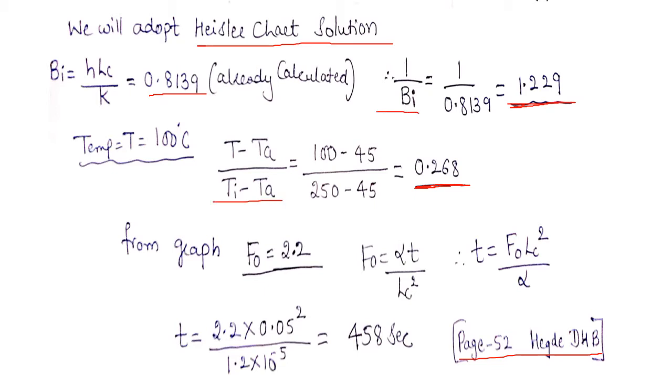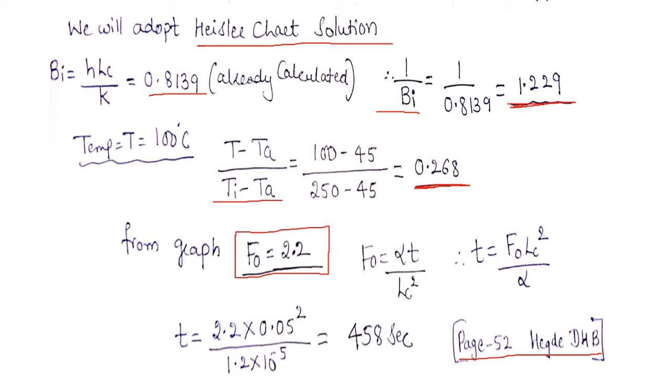Based on this value, from the graph I have calculated the value of Fourier number as 2.2, whereas this Fourier number is given by alpha t divided by Lc square. This is the formula, already derived in the theory classes.